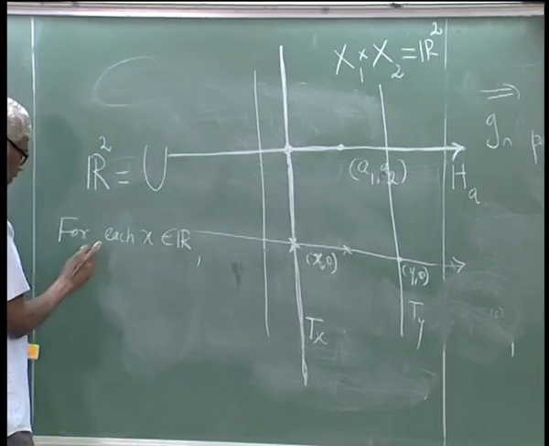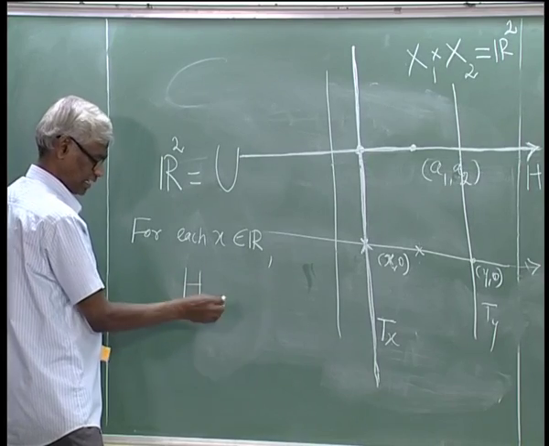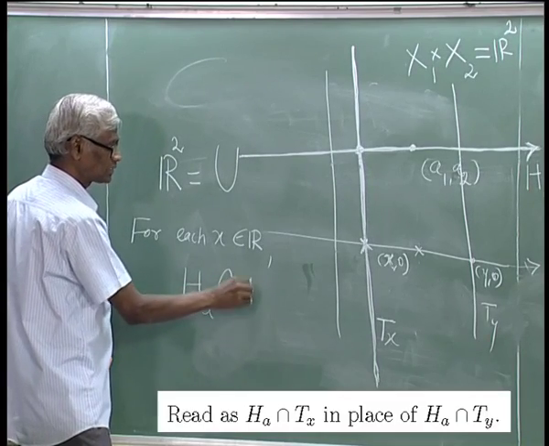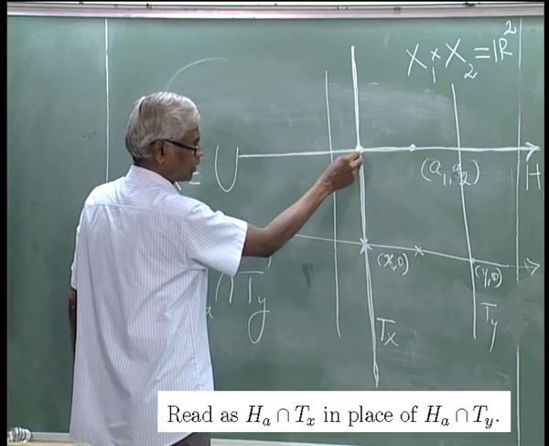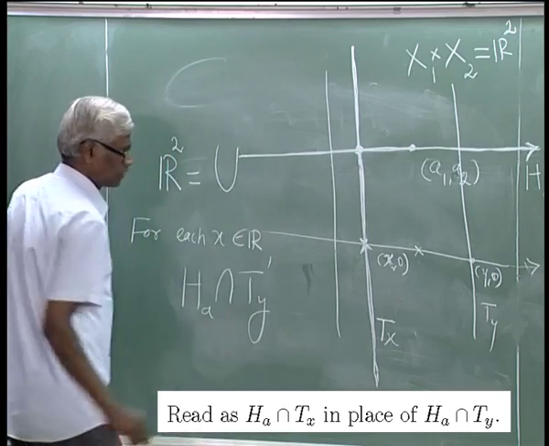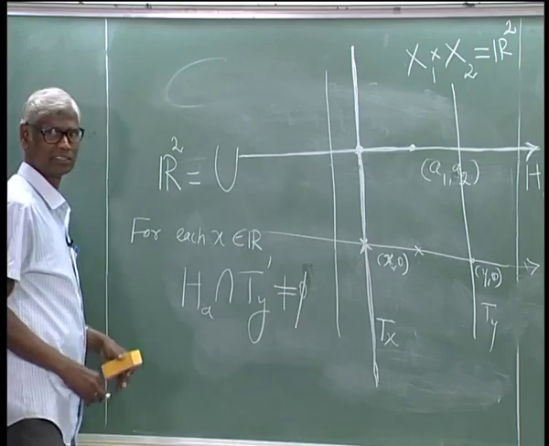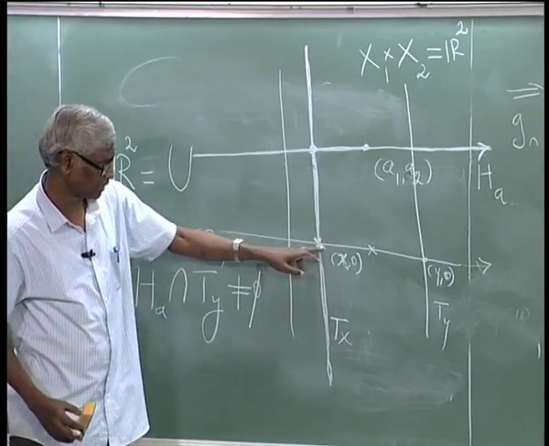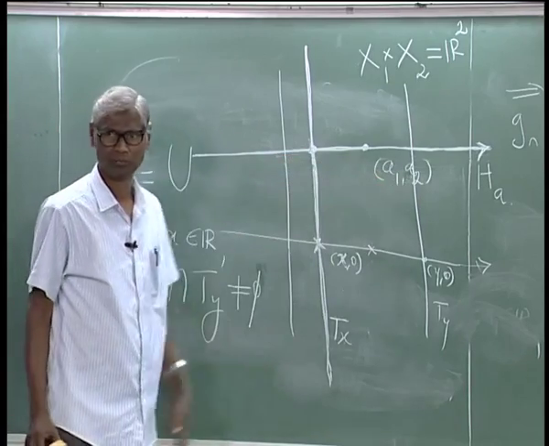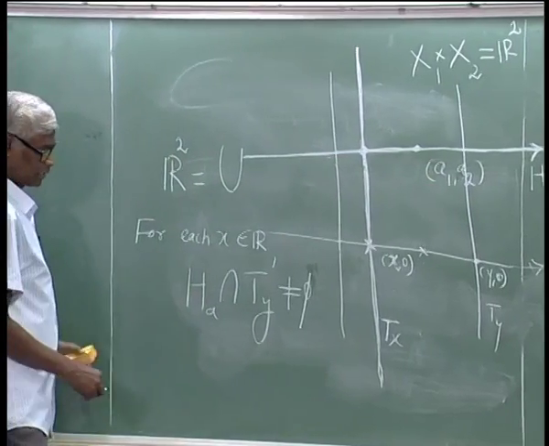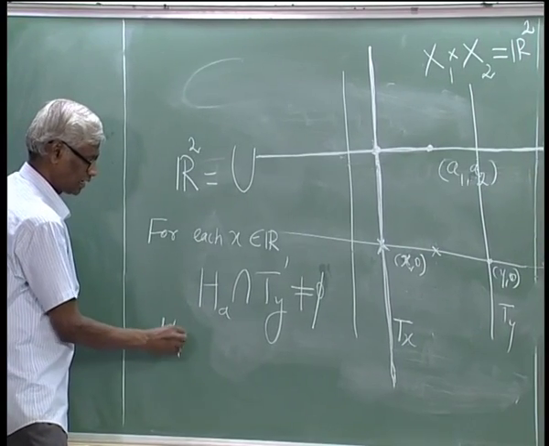So, for each x in R, H suffix A intersection T suffix x is non-empty. We can have any x coordinate here, and the y coordinate is A2.